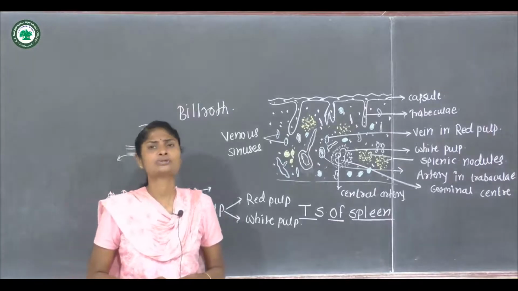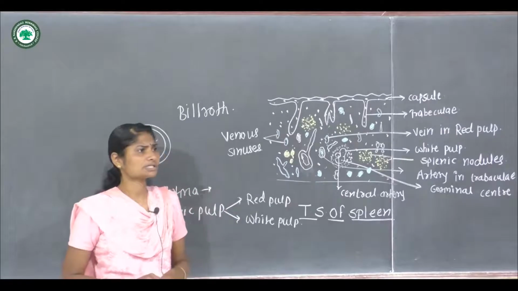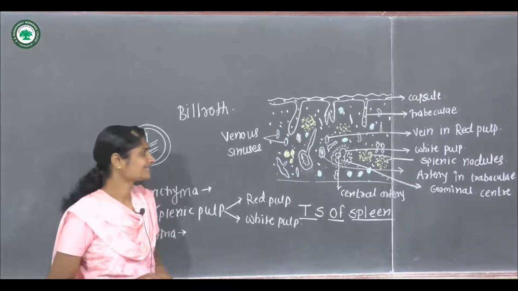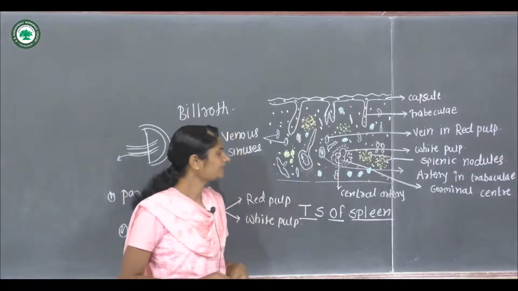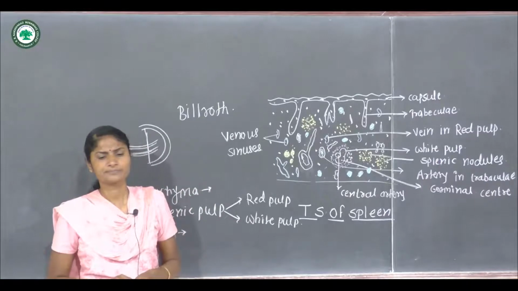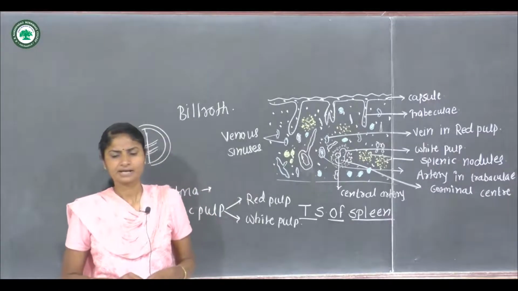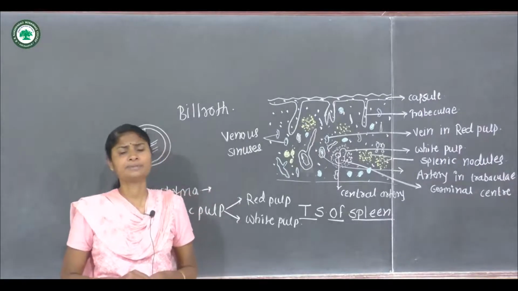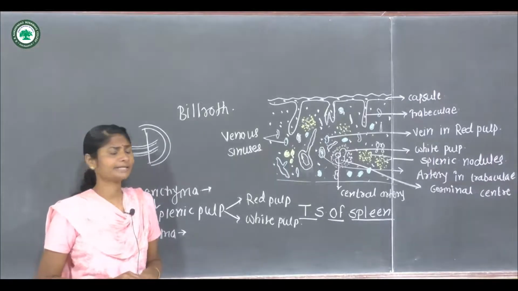After a short distance in the trabeculae, they become surrounded by white pulp. The arteries become central arteries and follow a separate course in the splenic pulp.